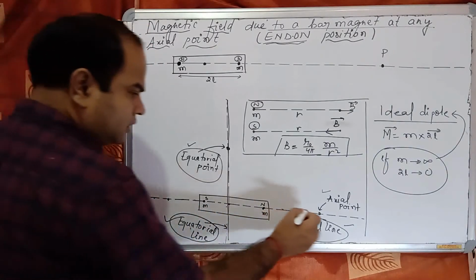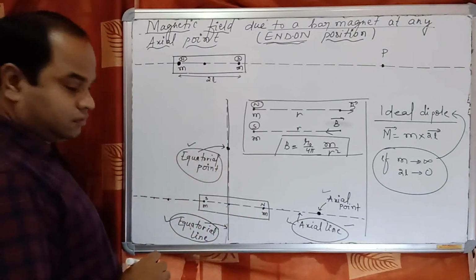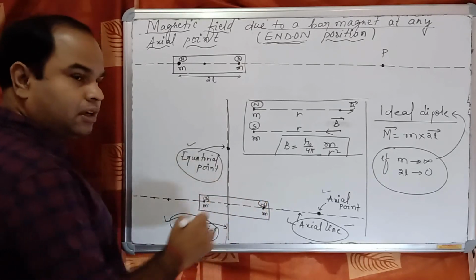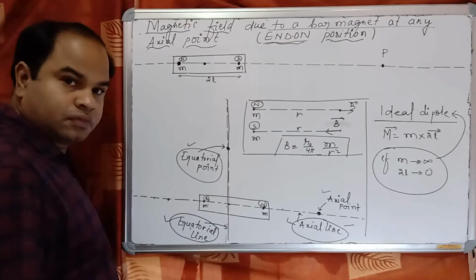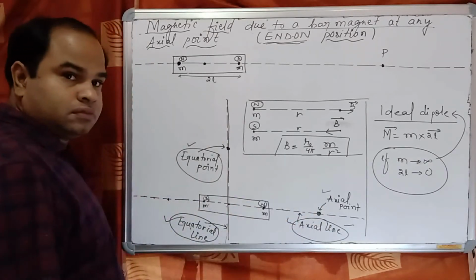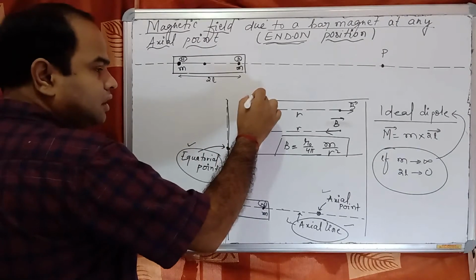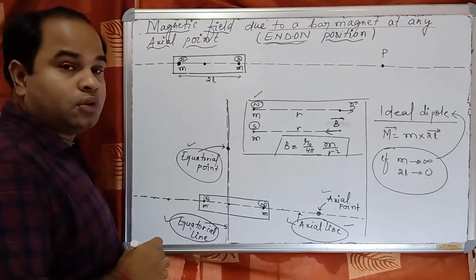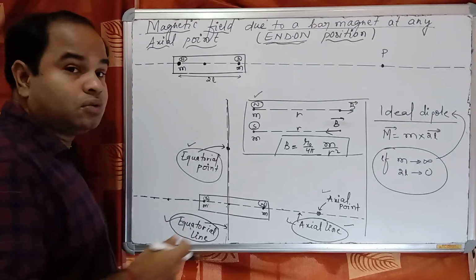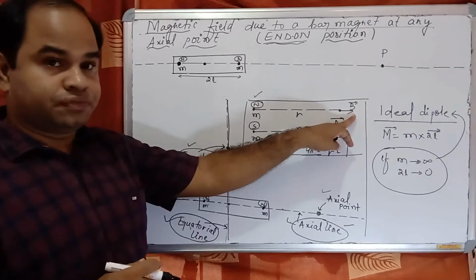So let us say this is an axial point of this bar magnet. This is the south pole, this is the north pole of the magnet. The pole strength is m. If a north pole is there, it will produce a magnetic field, and the magnetic field is outward in nature.